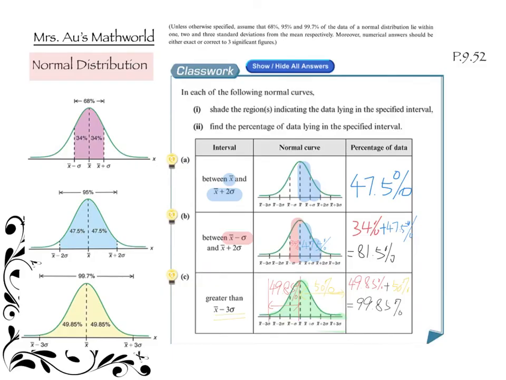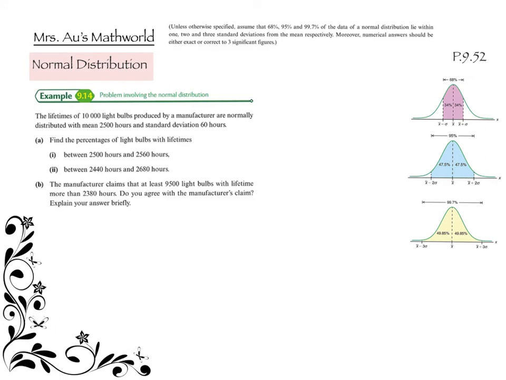This concept is important because you can know the percentage of the data which is greater than or less than a value. So let's look at examples. It is quite troublesome because we need to study some paragraphs in English.